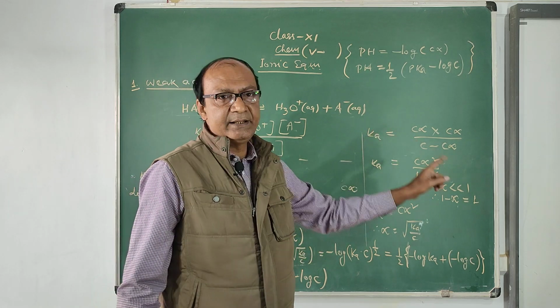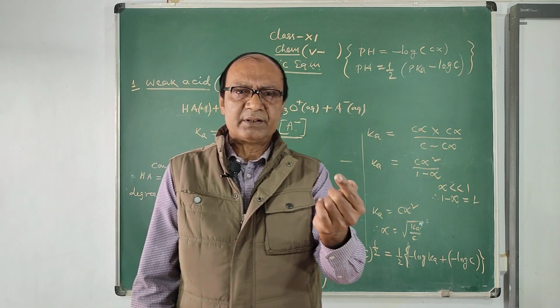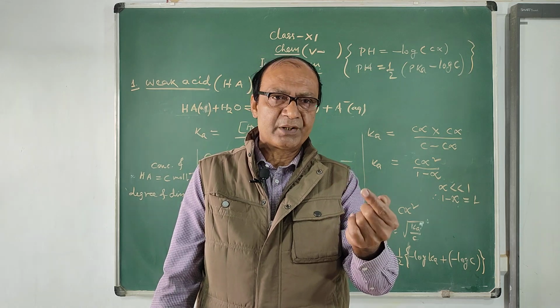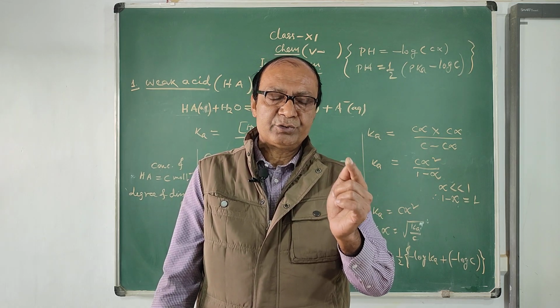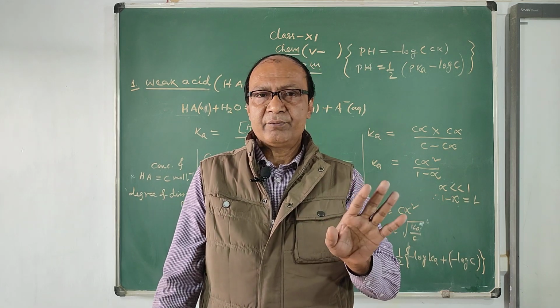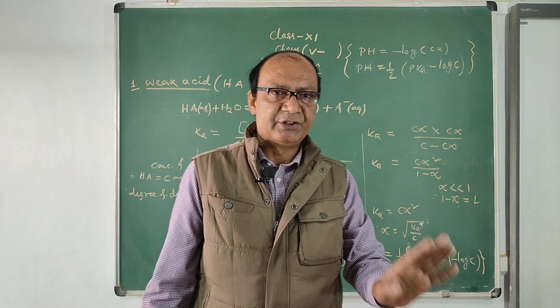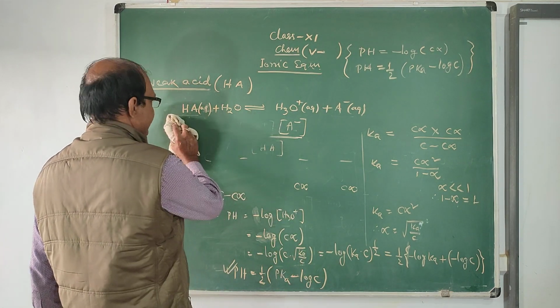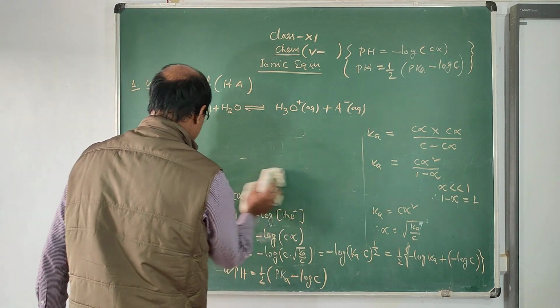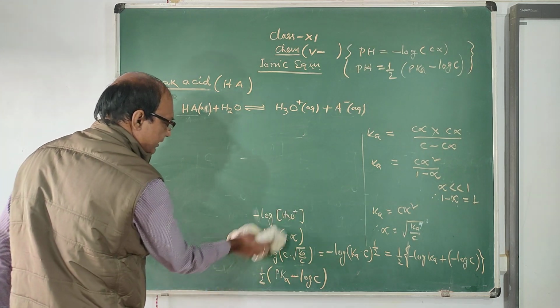In case of weak acids, the degree of dissociation is 1%, 0.1%, 0.2% like this, and that's why unless you know the degree of dissociation of the weak acid, you cannot find out their pH. Now, weak base, you see. Let us consider a weak base.